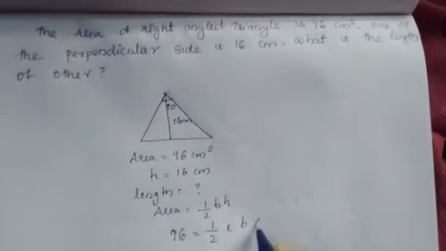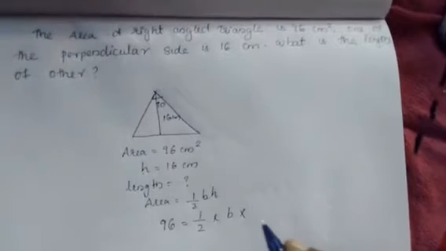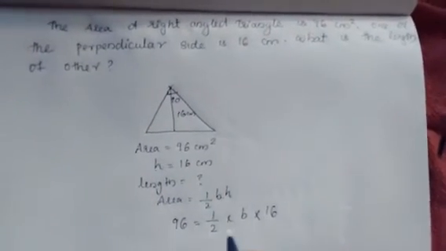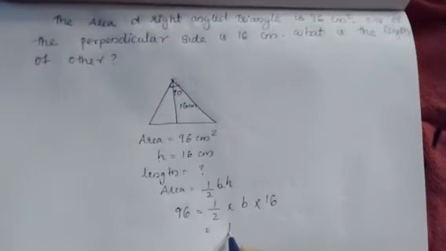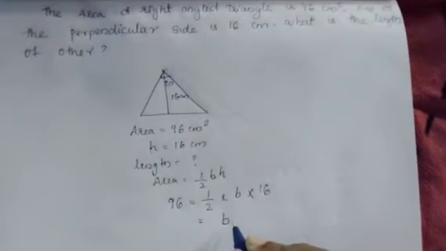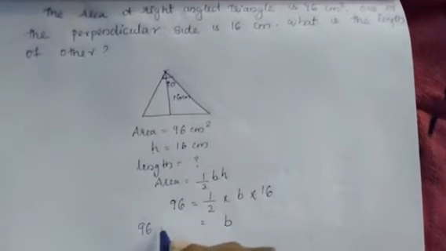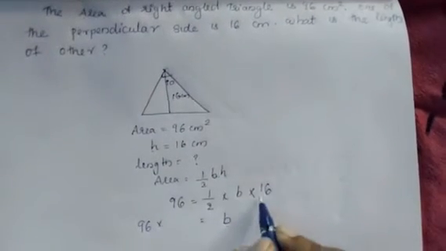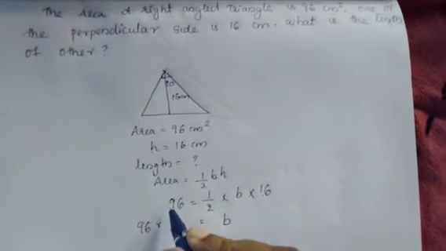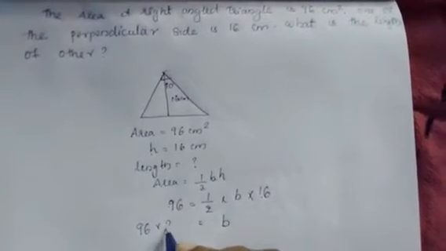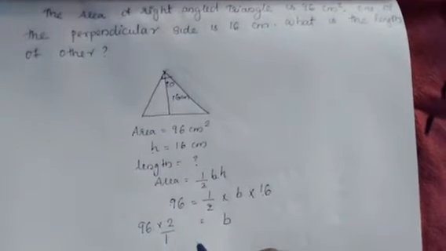We want to find the value of B, and H, the perpendicular distance, is 16. In order to find the length of the other side, here there is only one unknown quantity, so the other two quantities should be moved. 1 by 2 should be converted into 2 by 1.